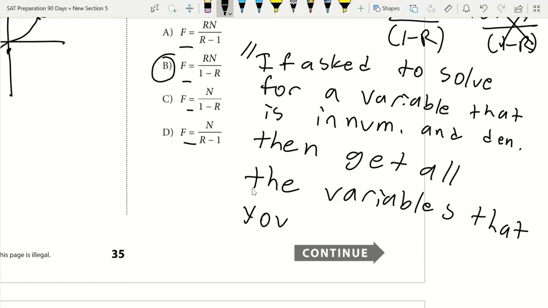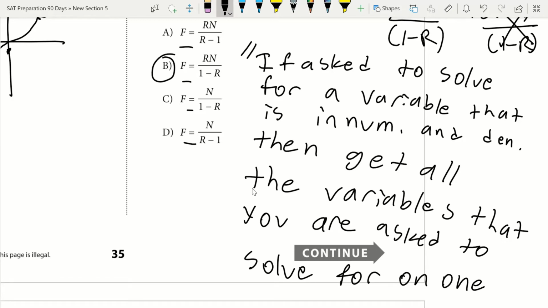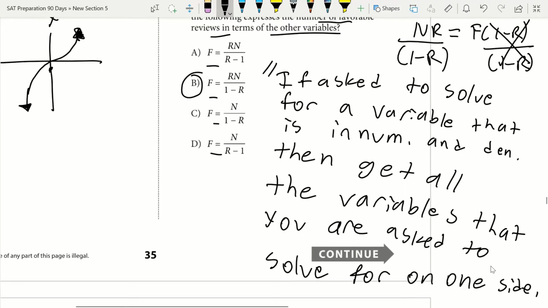By that I mean all of those f's that you are asked to solve for on one side. So in this case it was all the f's. Get all of those on one side. All right, so there's your quote you should put in your notes.